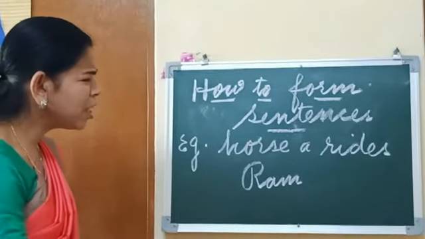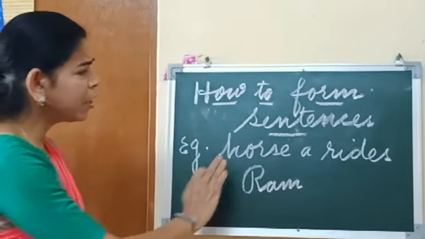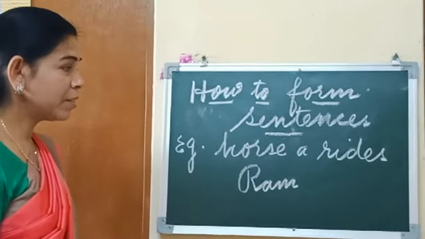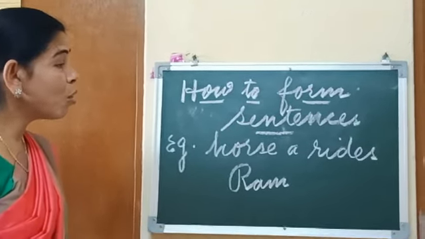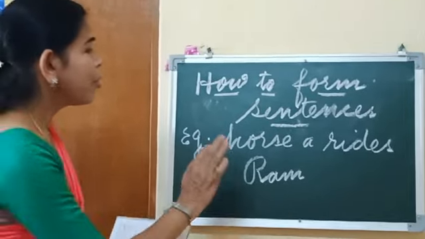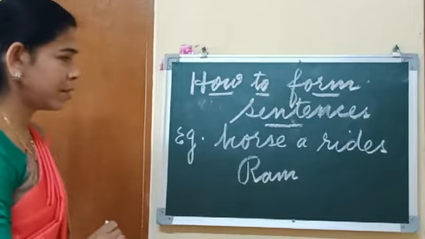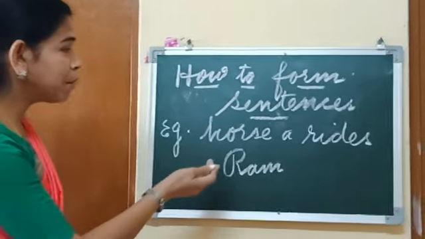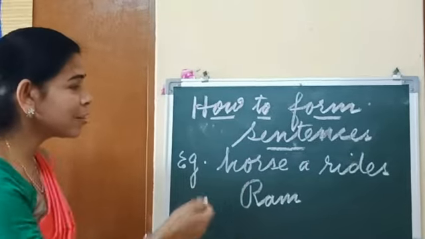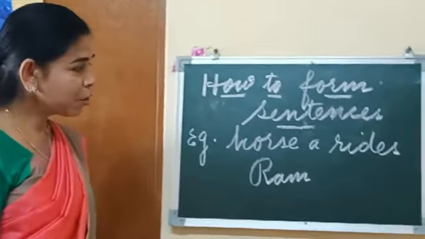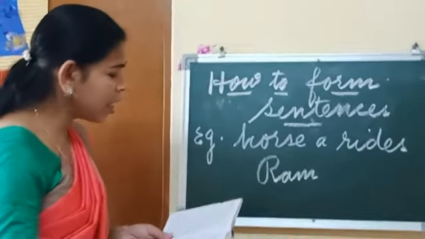Does it have any meaning? I have put many words, but not arranged in a proper way. I have simply written it on the board. This is not a sentence. This is a meaningless sentence. If we speak like this, all other people will laugh at us, because it doesn't have any meaning.